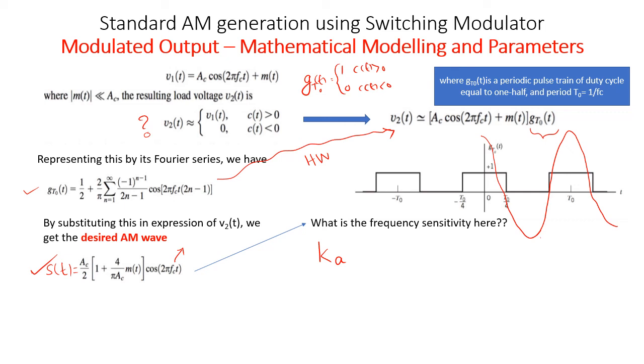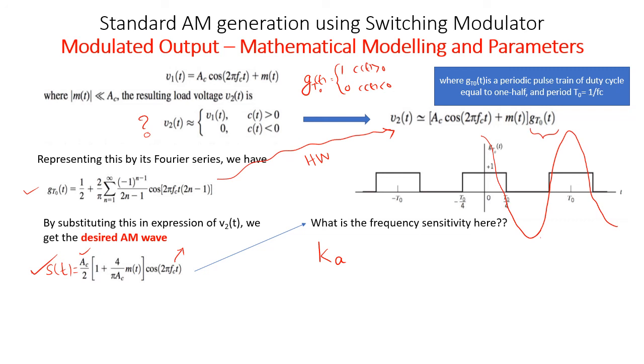As per this, the carrier amplitude is Ac by 2. Don't get confused: even though the input we have given has carrier amplitude Ac, the desired wave has an amplitude of Ac by 2 only, because some terms we are eliminating.